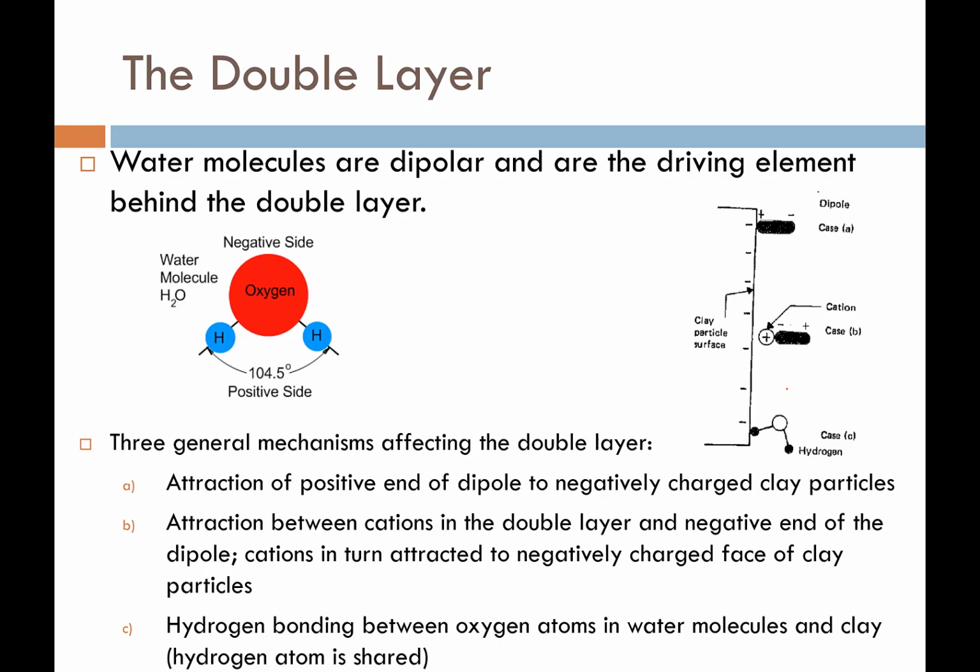And so these are the three mechanisms that water can attach itself to clay through the double layer. You have, again, the positive end of water attaching itself to the negative clay particles. Or you have the negative part of water attaching itself to an attached cation.